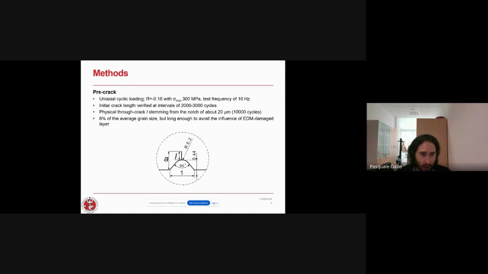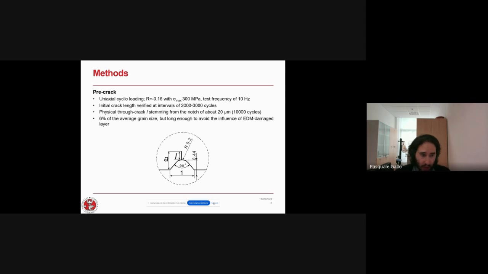The problem was that we couldn't further increase the maximum stress because it would have been too high and too close to the fatigue test, and therefore we decided to rely on a negative loading ratio just because we wanted to realize the pre-crack in a reasonable amount of time. We need to check every few thousand cycles, and therefore it would become too difficult otherwise. But we could obtain a pre-crack also with a positive loading ratio.